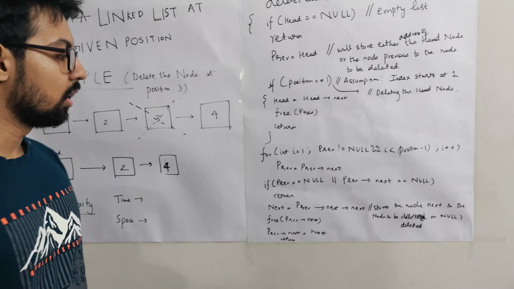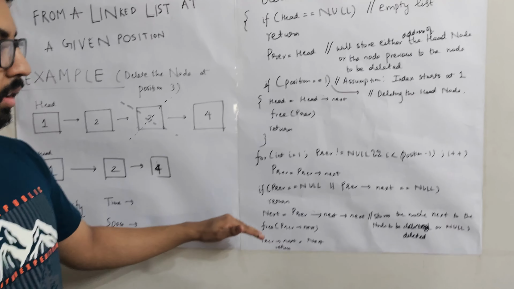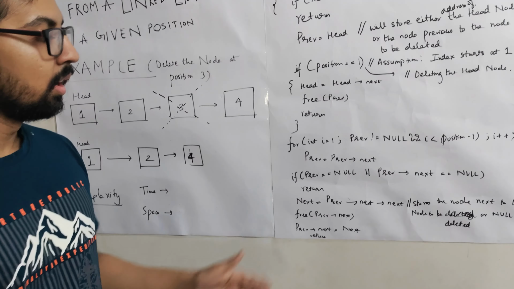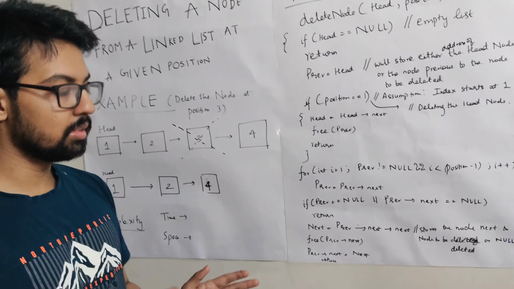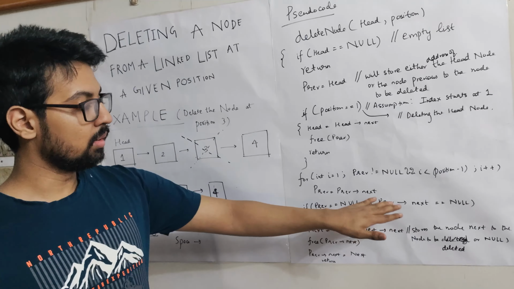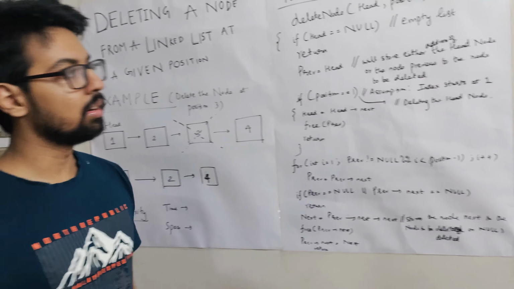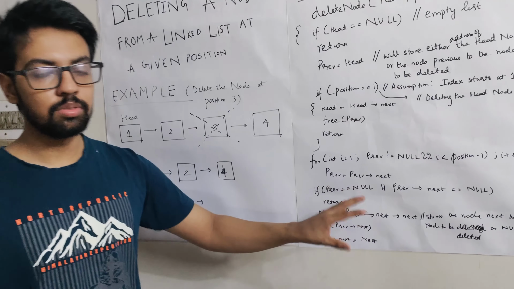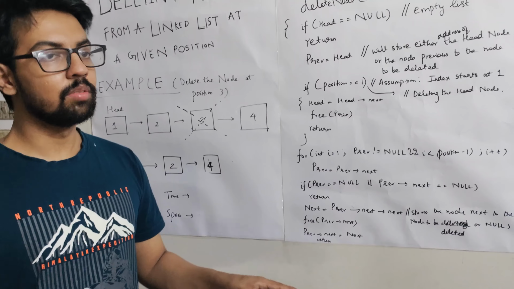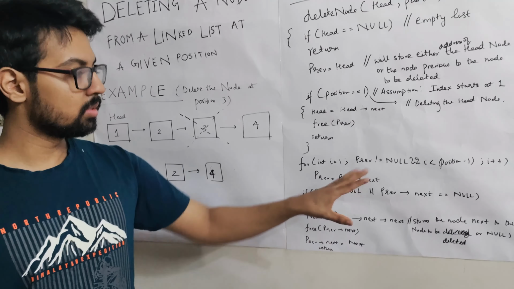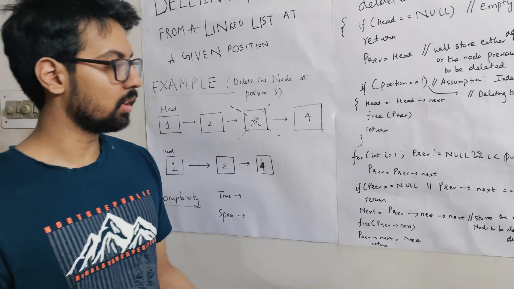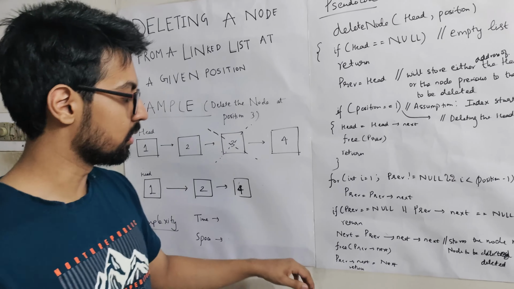Once that is done, if after exiting this for loop we realize that the pre has become null, which means that there is no other node remaining, or if the node next to the pre is also null, since, as I mentioned earlier, pre stores the address of the node previous to the node to be deleted, which means previous dot next, the actual node which we had to delete, is null, then we don't have to do anything because pre has reached the end of the linked list.